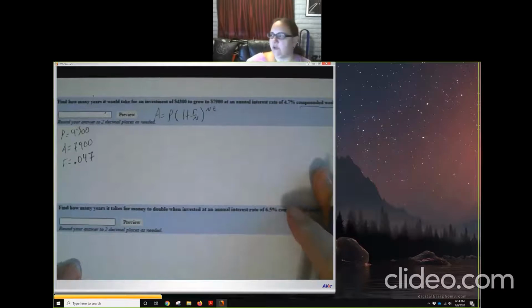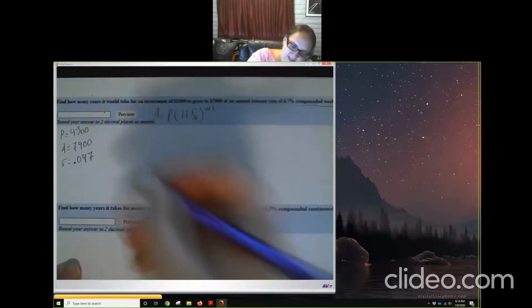Move the decimal point over twice to turn a percent into a decimal. And then compounded weekly means N equals 52.